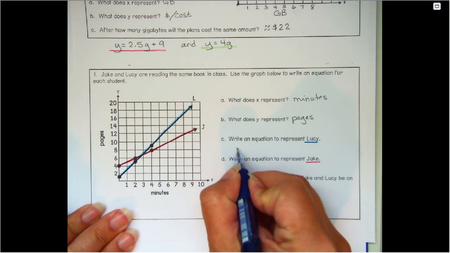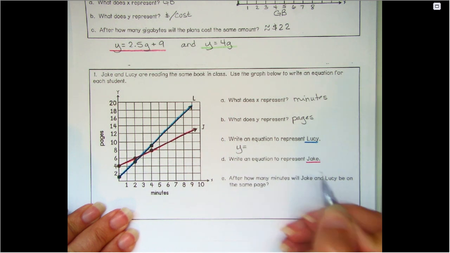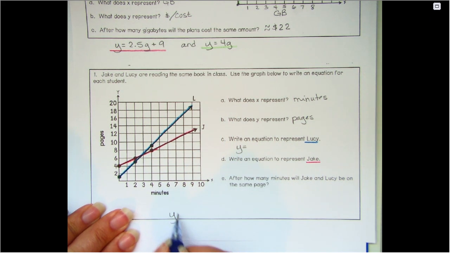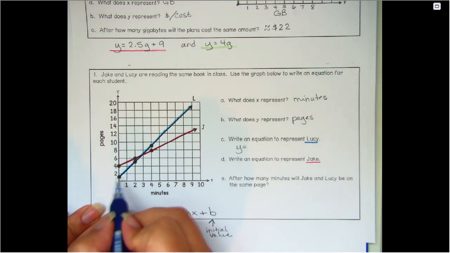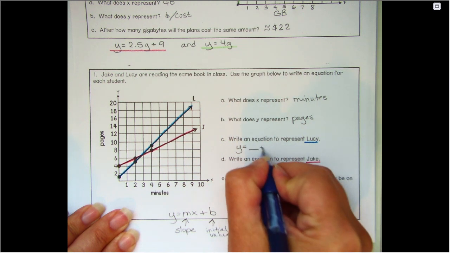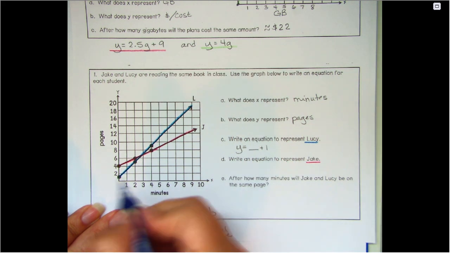So in this case, y is equal to mx plus b. M is whatever the slope or the rate is going to be. B is your initial value or your starting point. For Lucy, her starting point's way down here. I would call that 1. What's her rate?